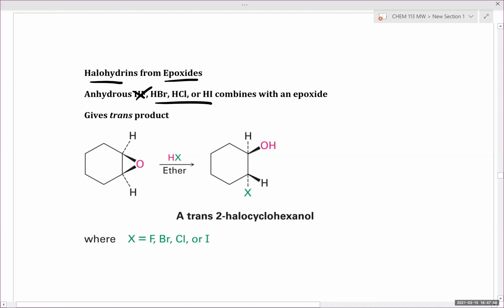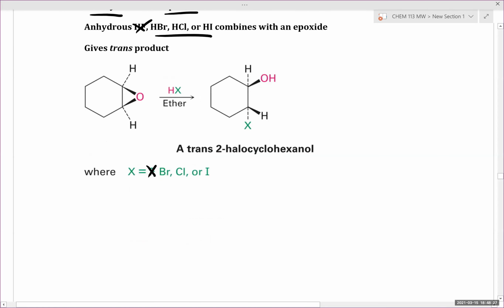The book mentions hydrofluoric, but fluoride is really not a good nucleophile. It's so different from these other halogen acids that practically you will not use hydrofluoric acid to form a carbon-fluorine bond in most practical applications. There are better methods to form carbon-fluorine bonds, and there are better fluoride equivalents.